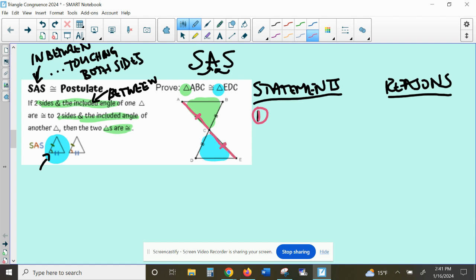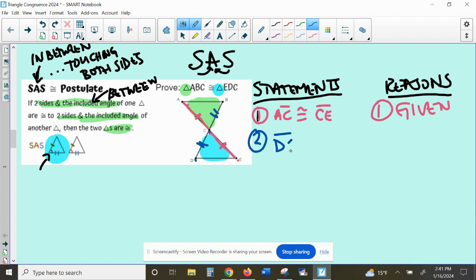So that means the segment from A to C, this one, is congruent to the segment that goes from C to E. That's my first statement, and that is a given, right? Next one. It looks like we have a double tick here and a double tick here. So that means that segment D to C is congruent to the segment that goes from C to B.